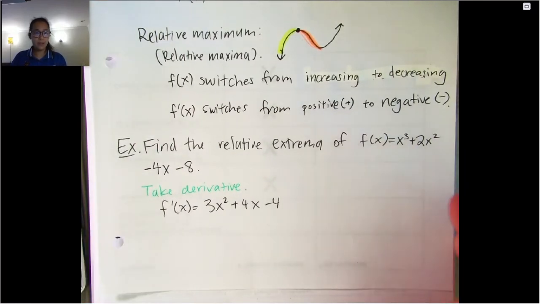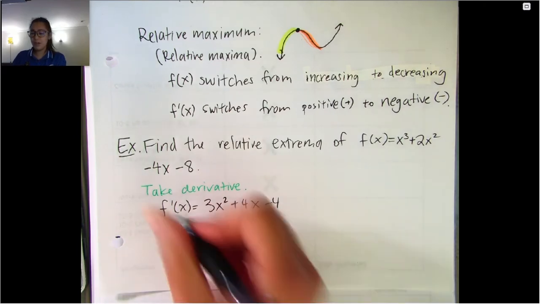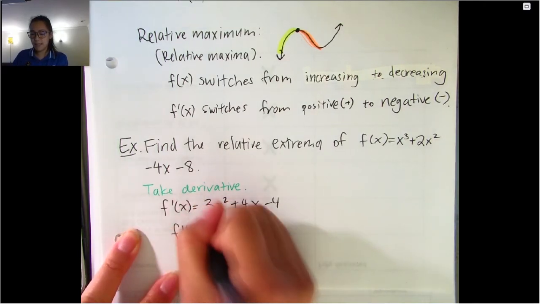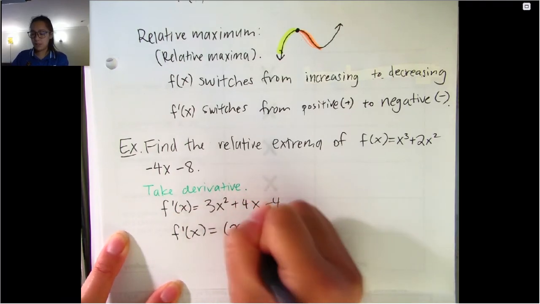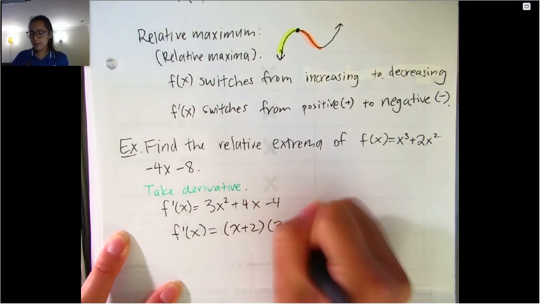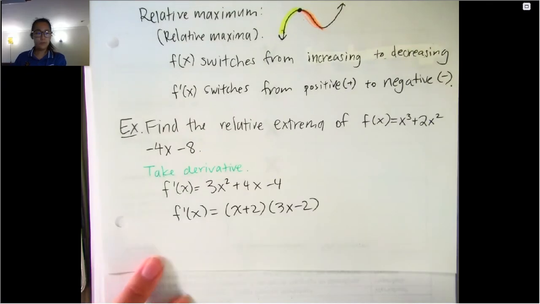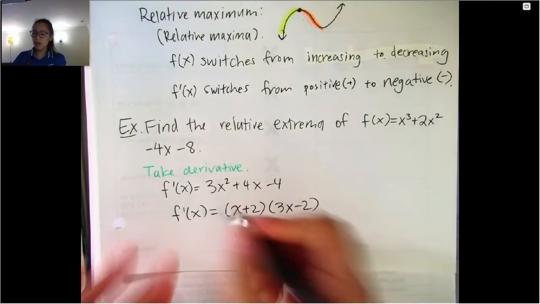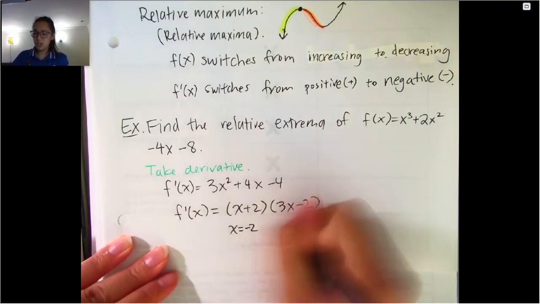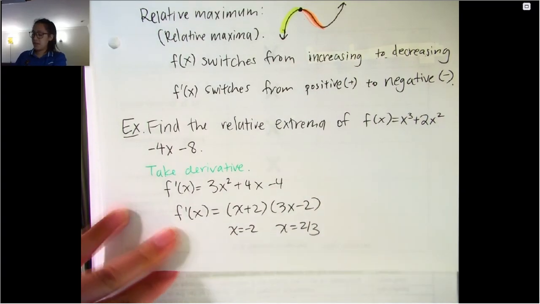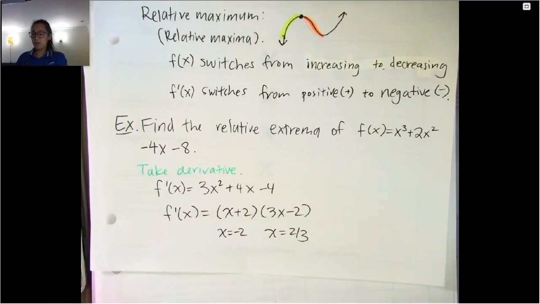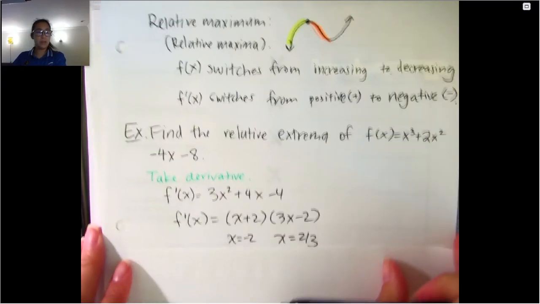We had already factored this previously, so I'm going to write the factored form here: f prime of x equals x plus 2 times 3x minus 2. And then we had set that equal to 0 and gotten x equals negative 2 and x equals 2/3. And what you'll do, same thing as before, as when you do increasing and decreasing intervals, is you're going to put it on the number line.